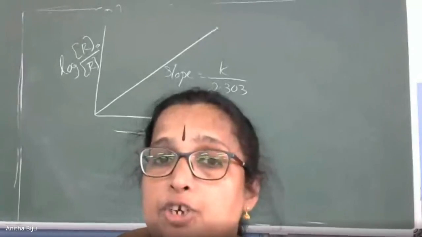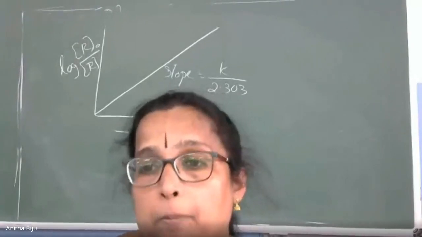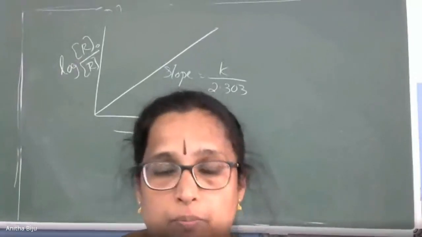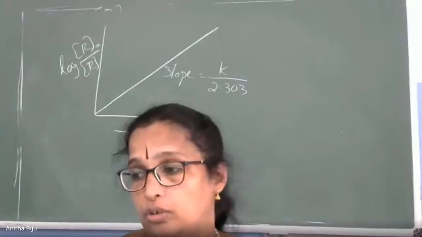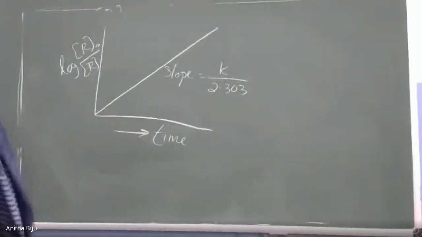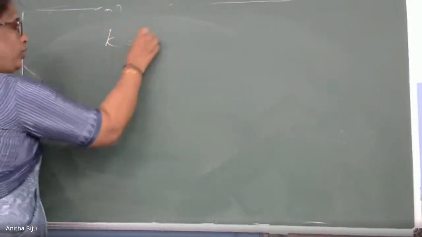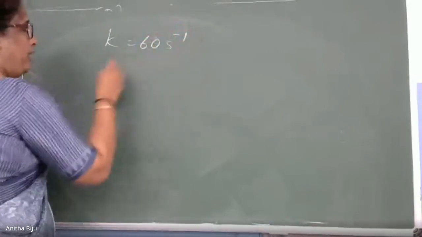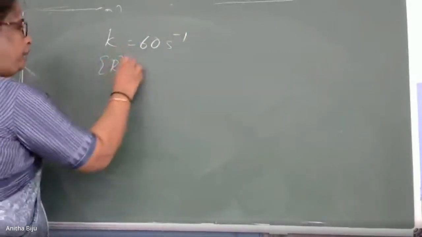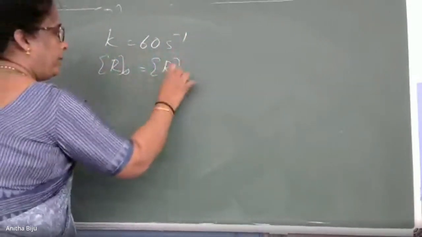Okay, substitute the values in the formula. K is equal to 60 second raised to minus 1. R naught, keep it as R naught only.